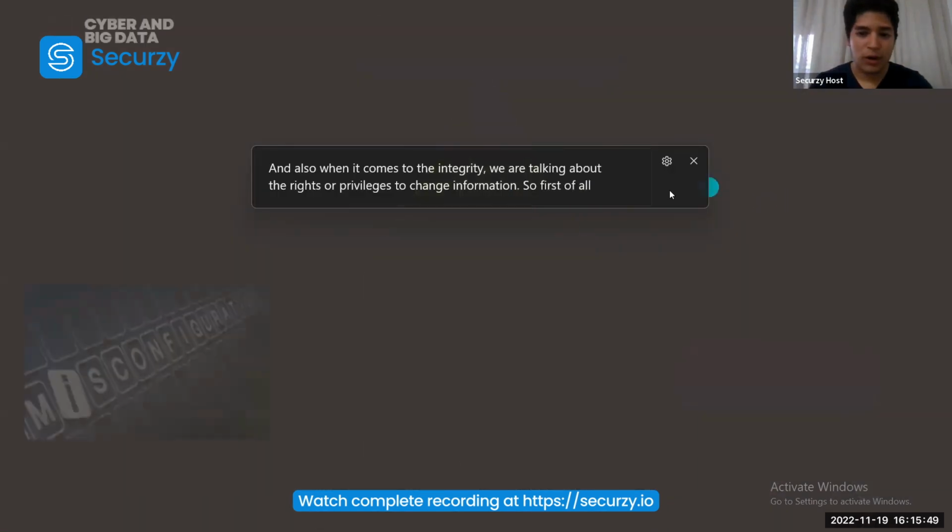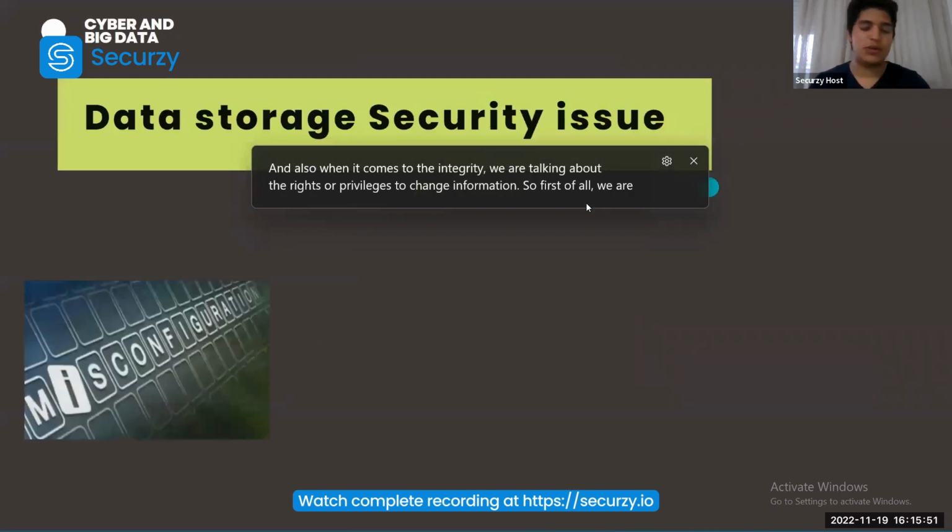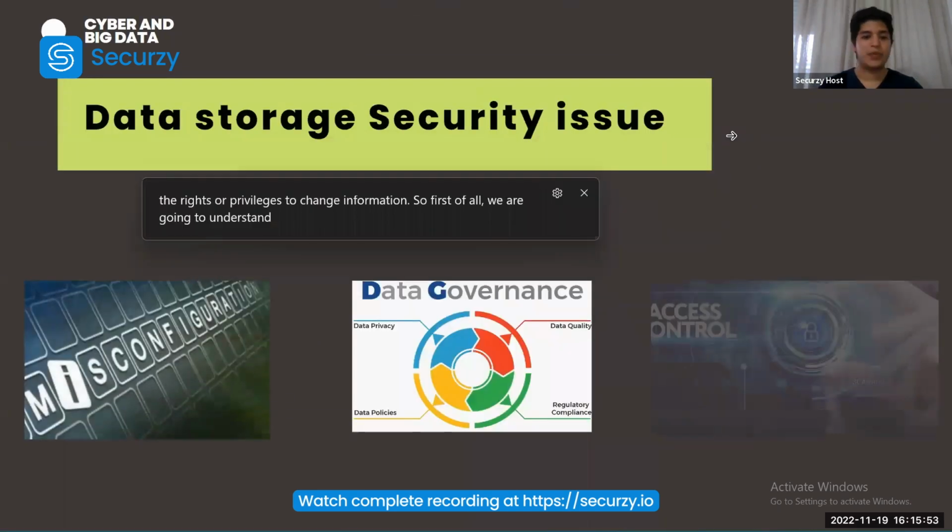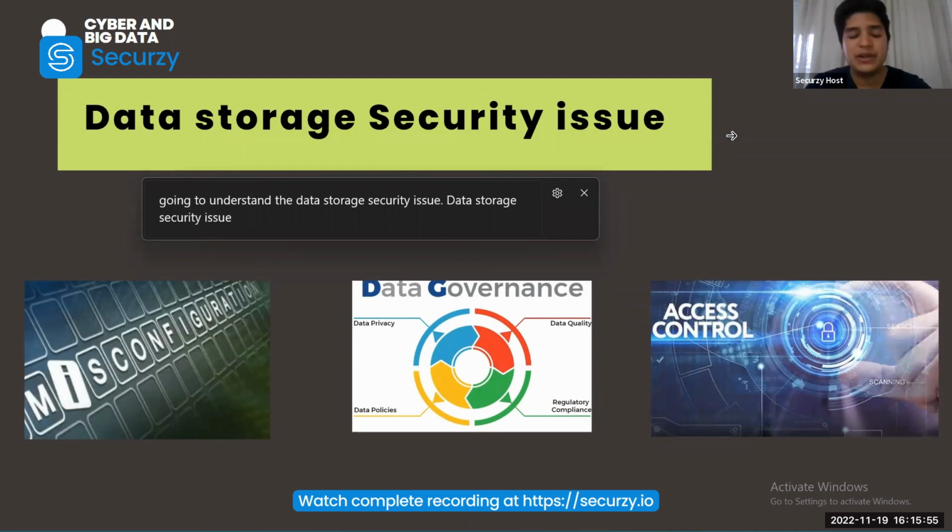So first of all, we are going to understand the data storage security issue. Data storage security issue is based on the first V in big data, which is the volume. Nowadays, companies or even small startups can't store their data on premise servers. Having huge information and huge data means that we need more servers, more hardware, and this is going to be more and more expensive.